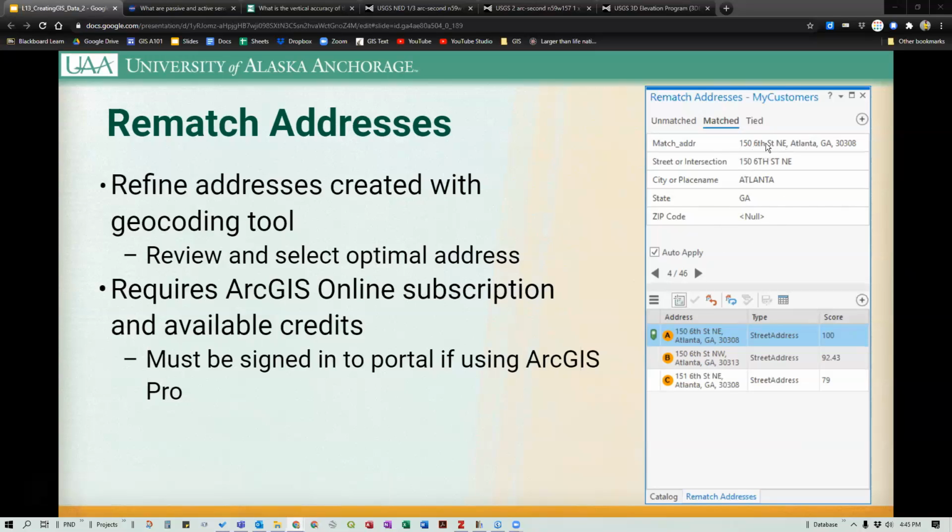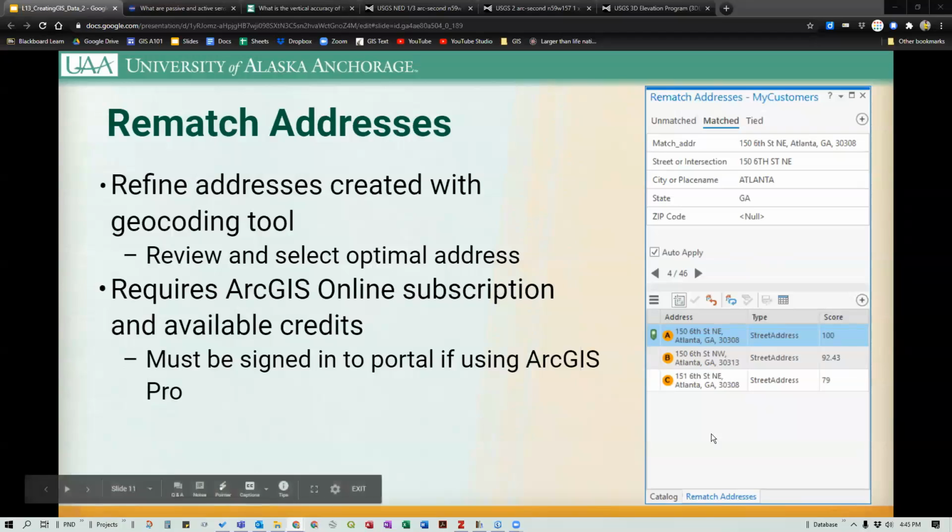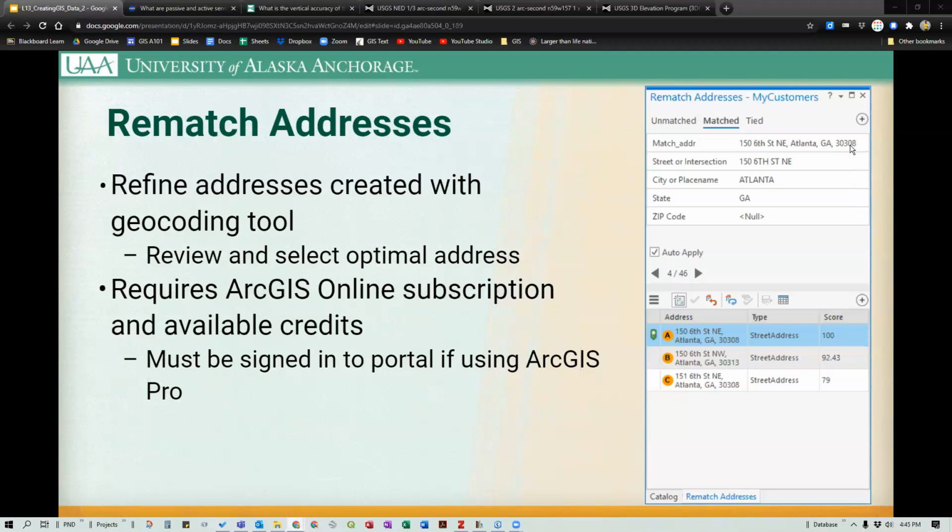And there could be other similar addresses that match better. So this one suggests that the 30308 zip code is the most likely match for the Northeast. There's a Northwest version of this address that doesn't match quite as well, or there's one building off essentially that matches even more poorly.